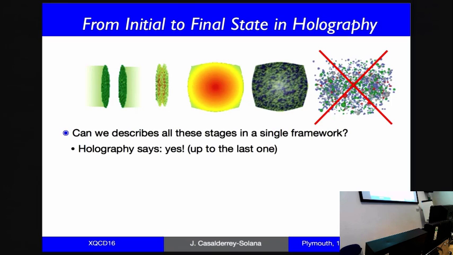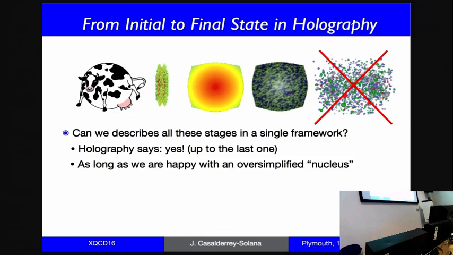The thing that we are going to use is holography, and holography, under the acronym AdS/CFT, has been named several times in the previous session. At least within this holographic framework, which I will describe in the next slide, we will be able to describe all these stages up to the breakup into many particles.